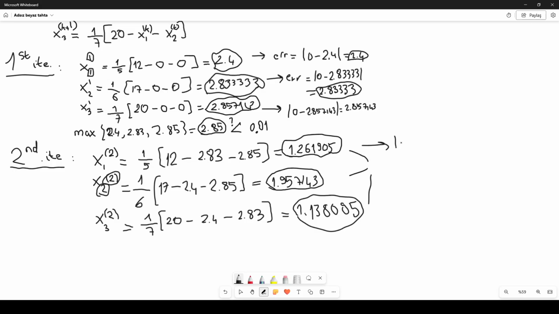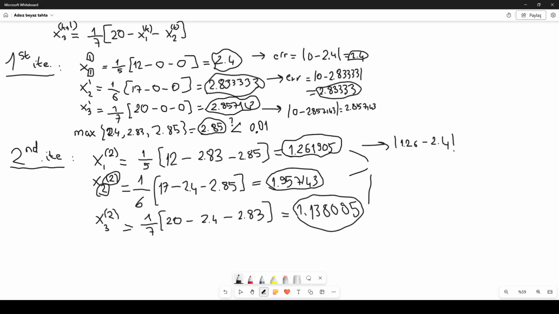Now, in this iteration, I got 1.26. How about in the previous one? I just look at the successive two iterations. The first and second iterations are successive iterations. So in the previous iteration, we got 2.4, right?